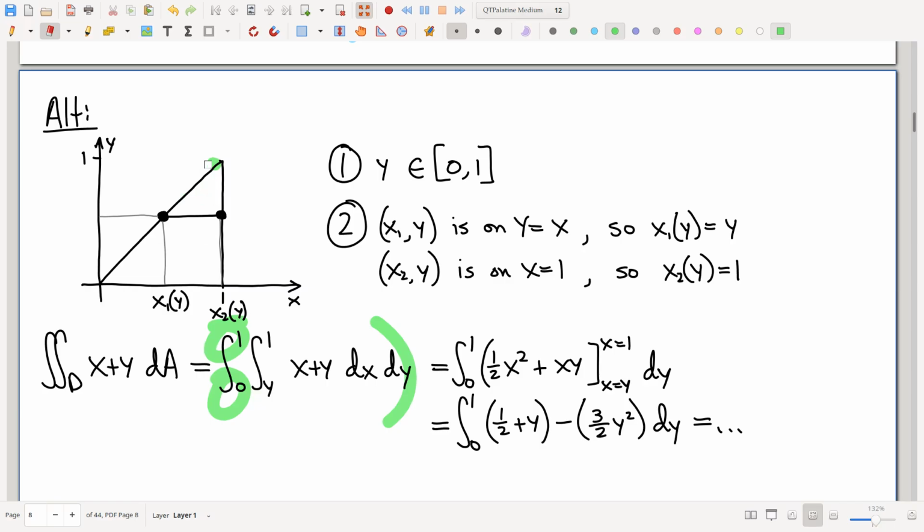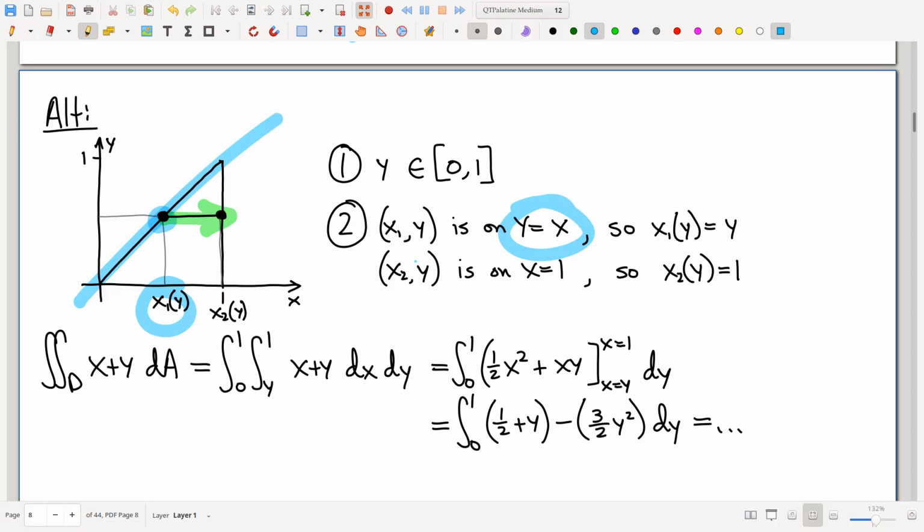Now, for a given value of y, there's what one of my y slices looks like. This is how I'm going to do my x integral. My lower bound for my x integral is going to come from that point, which is on that curve, which has that equation.